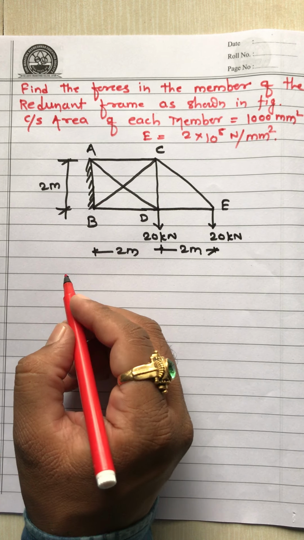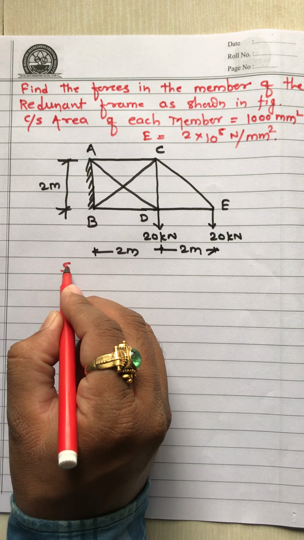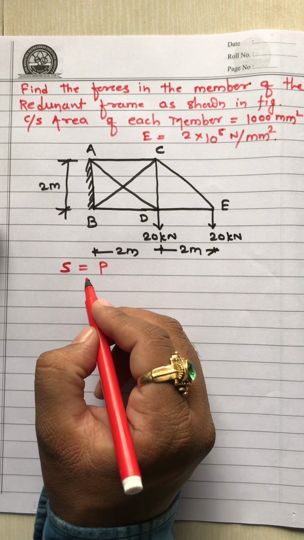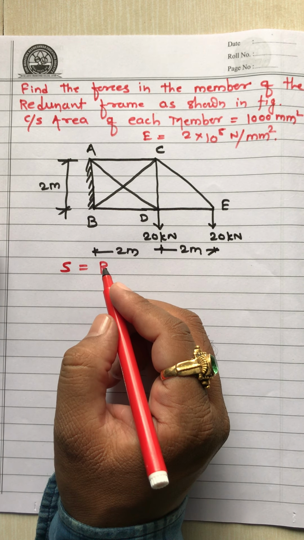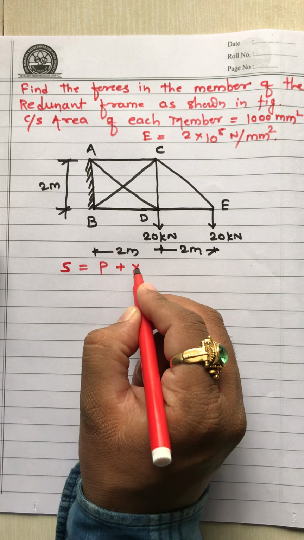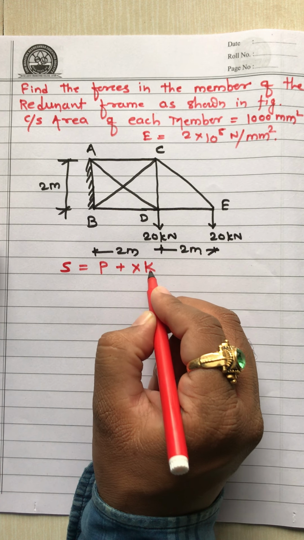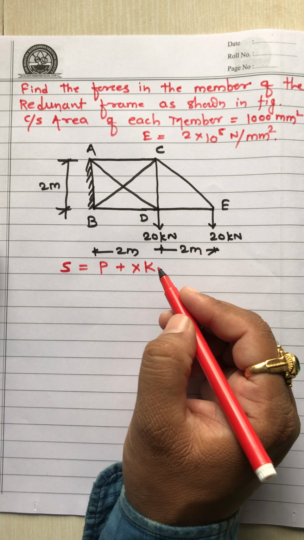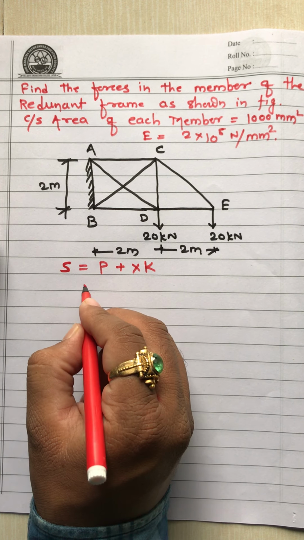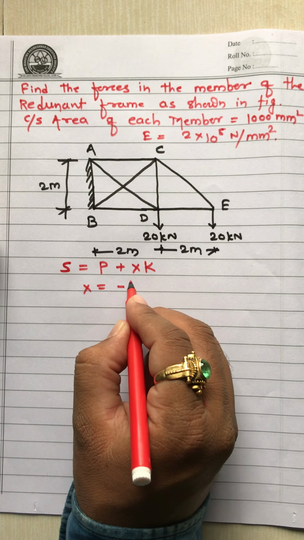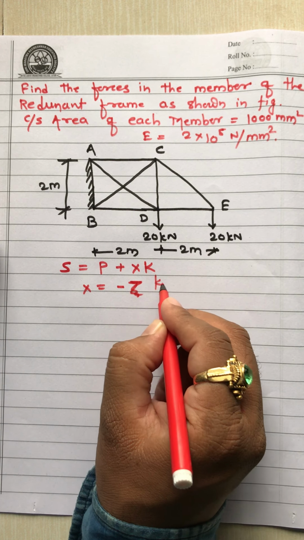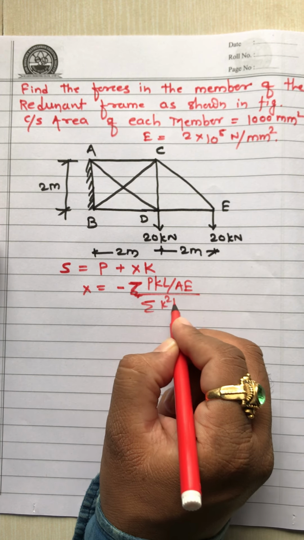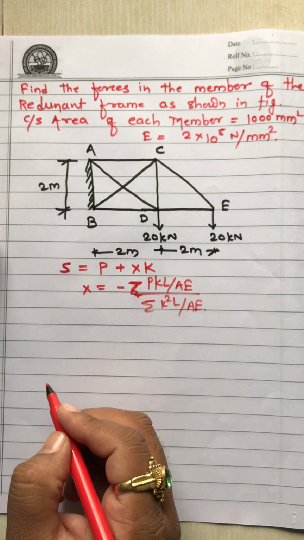So we know the formula to find out the member forces: F equals P plus X into K. P is nothing but the member forces due to the external forces, K is nothing but the member forces when the unit load is applied along this redundant member, and we can find X equals minus summation of PKL upon AE divided by summation of K square L upon AE. Correct?